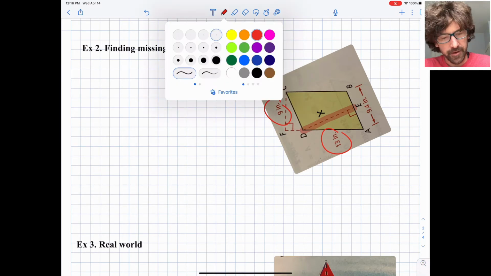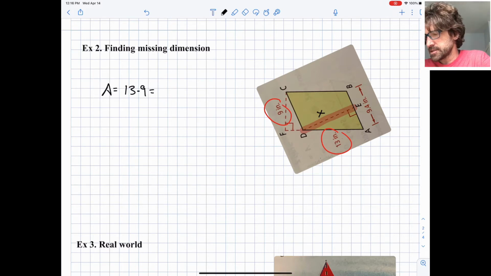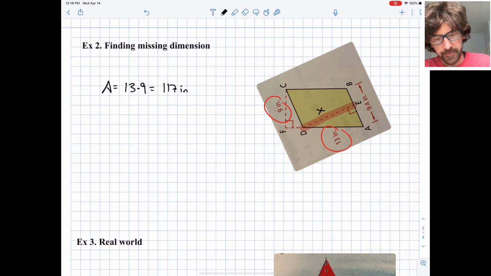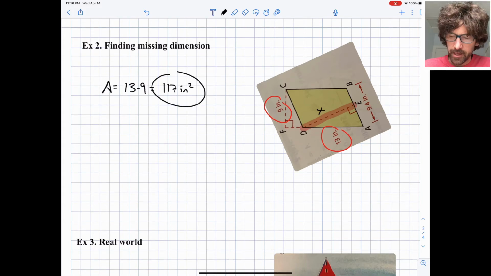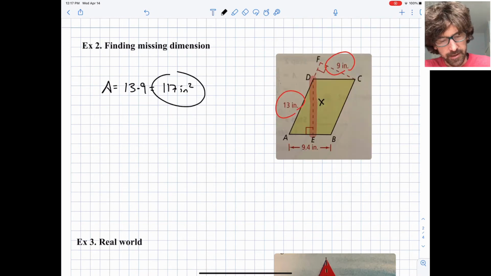So we can find the area of this parallelogram is 13 times 9, which is 117 square inches.